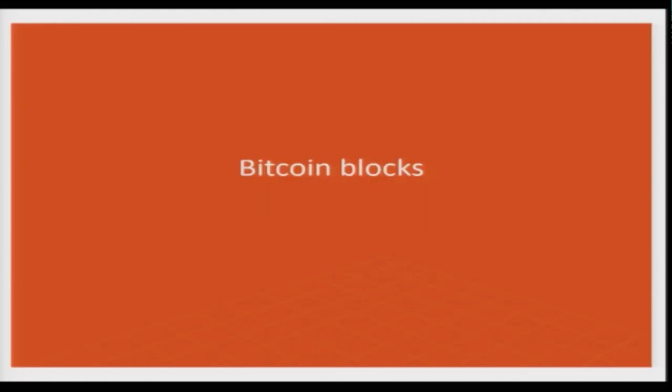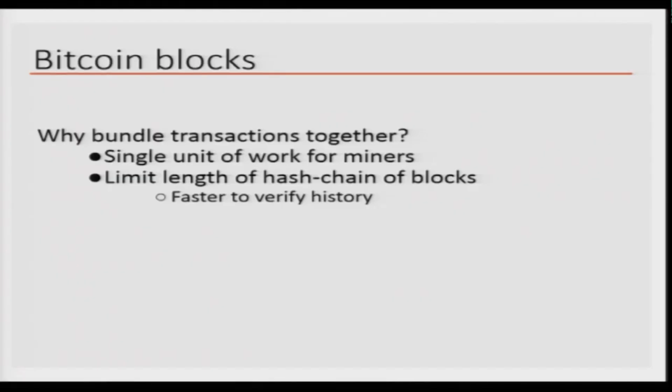So, we have seen the transactions. Now, we look at the Bitcoin blocks. Blocks are when we bundle transactions together, and this is what the miners work on. This is a single unit of work for miners, and it determines the length of the hash chain. If we had every transaction as a block, you would have a huge blockchain.